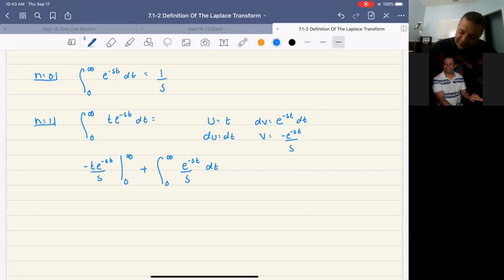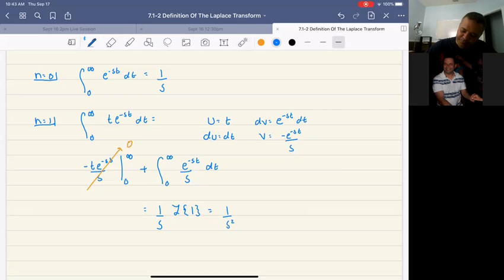The uv part becomes 0 at its endpoints: at 0 you've got the t, and at infinity the e to the negative st becomes 0. So this is 1 over s times the Laplace transform of 1, which becomes 1 over s squared.